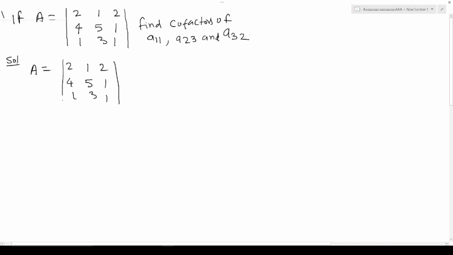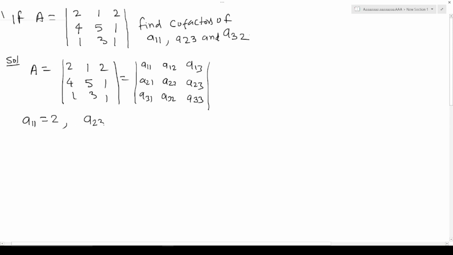Now comparing with the standard form, that is A11, A12, A13, A21, A22, A23, A31, A32 and A33. After that, we have to find the cofactors of A11. So let us decide what is A11. A11 equals 2 and A23 equals 1 and A32 equals 3.